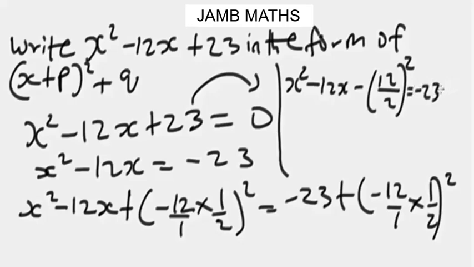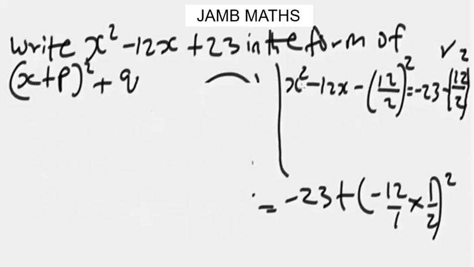Alright, when you simplify this, you're going to have (minus 12 over 2) all squared. Now, let's simplify everything here on the right side of the equation. Let me wipe this side.